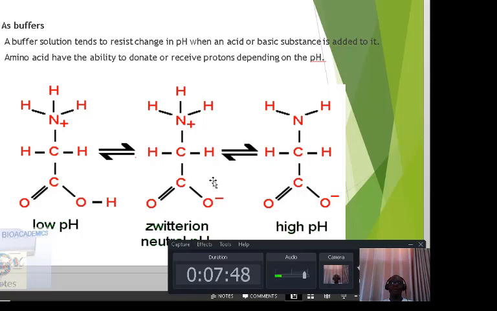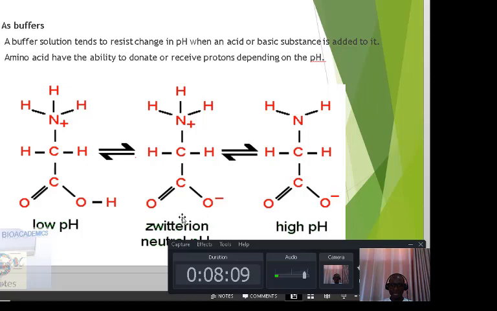So depending on where an amino acid is put, there will either be release of hydrogen ions to balance the environment, so that it comes back to that isoelectric point of 0 that we talked about. Okay, so that is how the buffering situation goes.